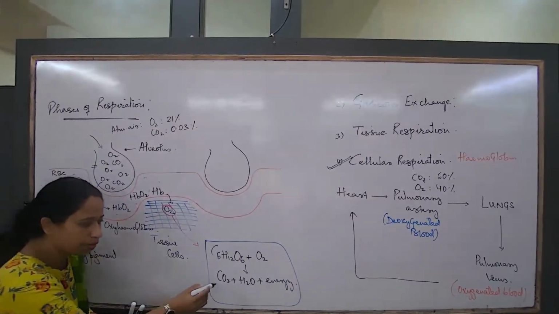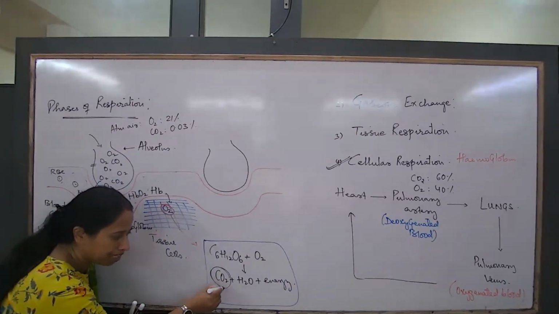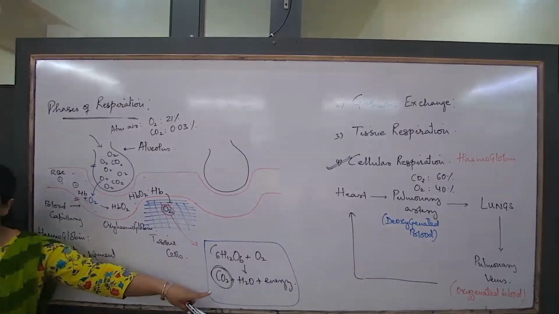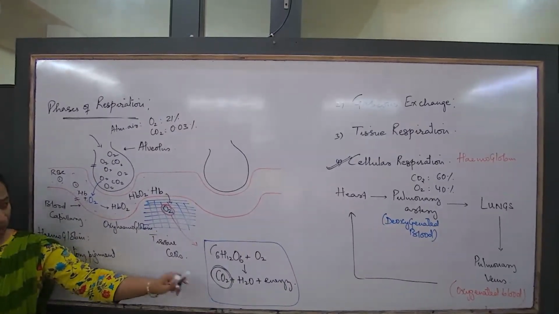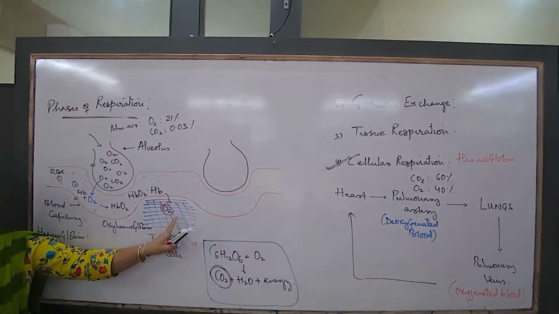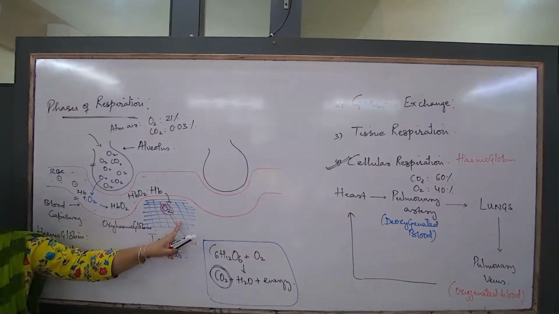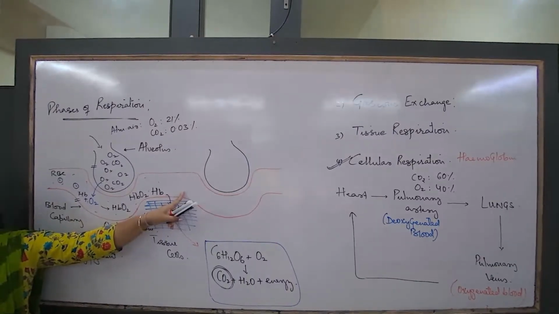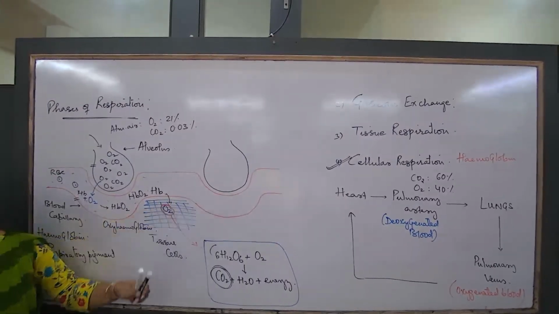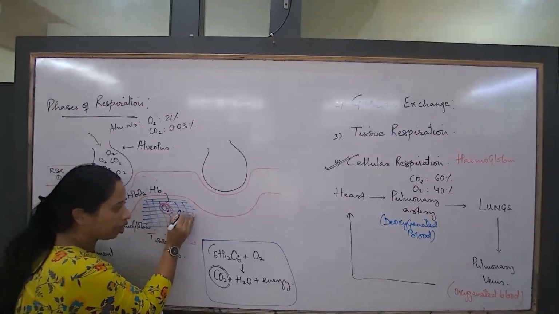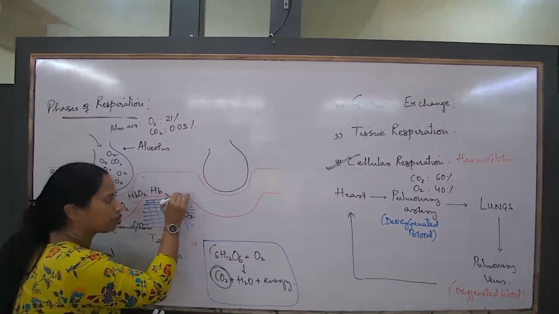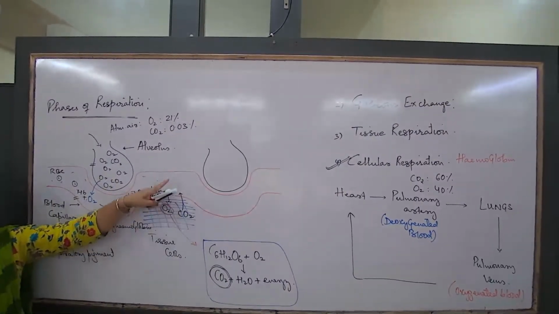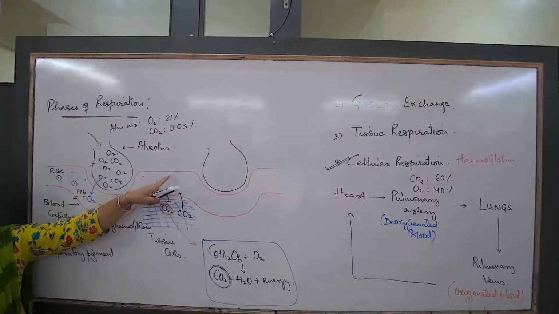But after cellular respiration, a major component is released apart from the energy: carbon dioxide. So now you tell me, should the carbon dioxide concentration be more here or here? Where should it be? In the tissues. So definitely the carbon dioxide from the tissues will move towards the blood, again from a region of high concentration to a region of low concentration.